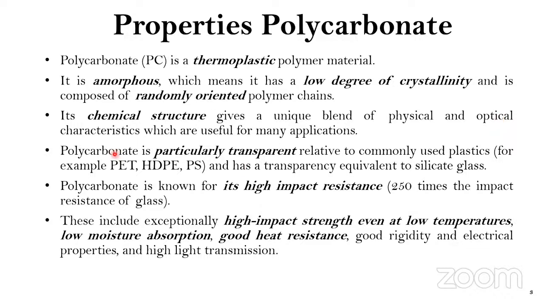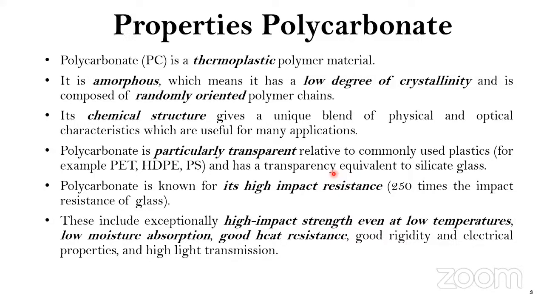So that is the reason we came to know that polycarbonate has more transparency as compared to polyethylene terephthalate, HDPE, and polystyrene, and has a transparency that is equivalent to silicate glass.